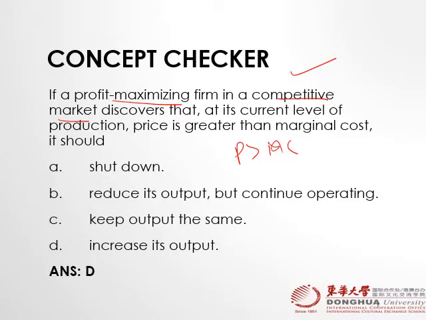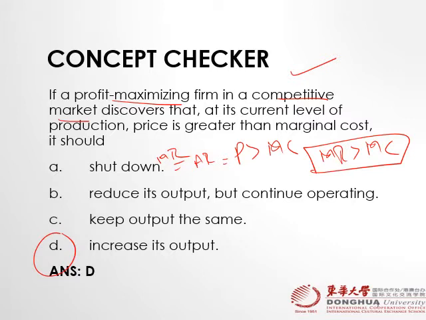So in a competitive firm, price is equal to AR is equal to MR. So essentially they are saying if MR is greater than MC, what was the managerial decision? To produce more, to increase the output, right? So in this case, D is the correct answer, right? So let's see that.